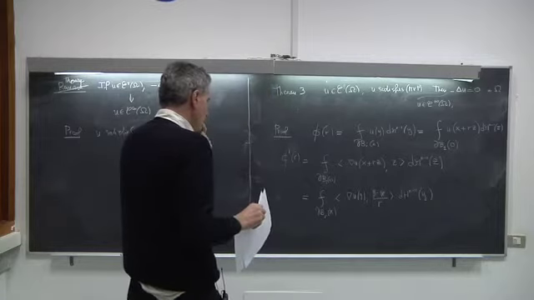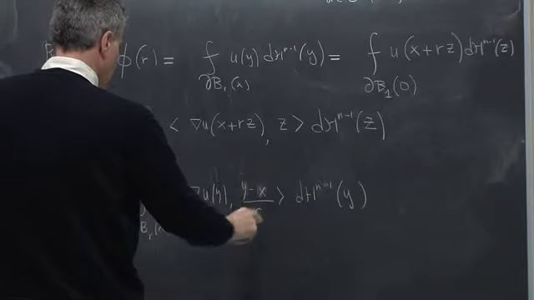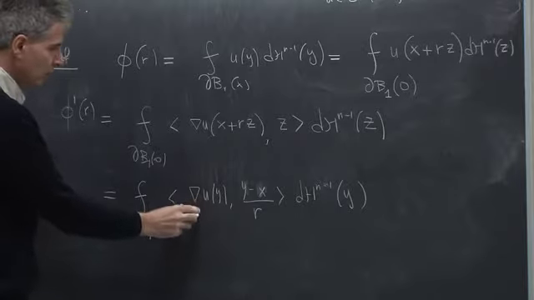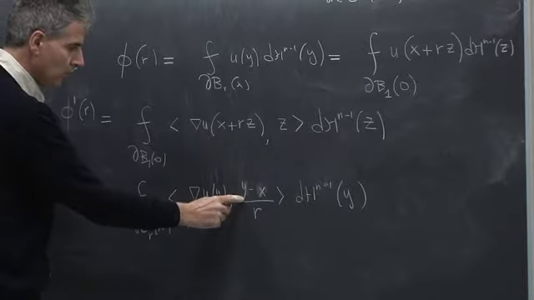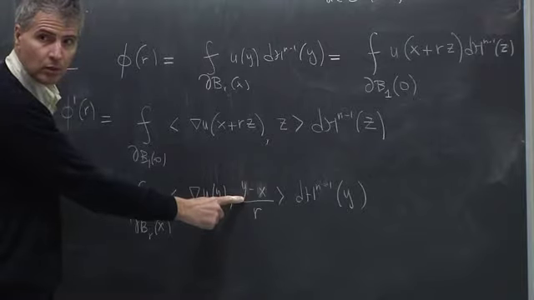And now what do I do? You see, what is this? It is the scalar product of the gradient of u with the outward unit normal on the ball.